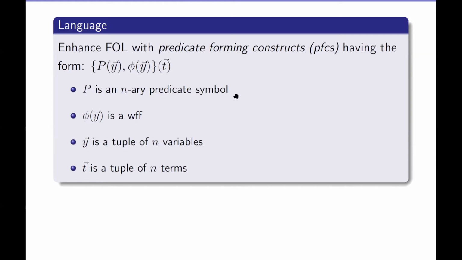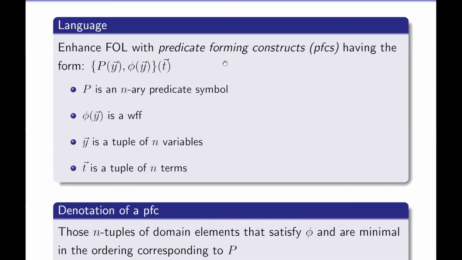In this expression, P is any predicate symbol, phi is a well-formed formula, and y is a tuple of variables effectively bound within this expression. What is the meaning of such a predicate forming construct? It denotes those individuals that satisfy phi and are minimal in the ordering corresponding to P.